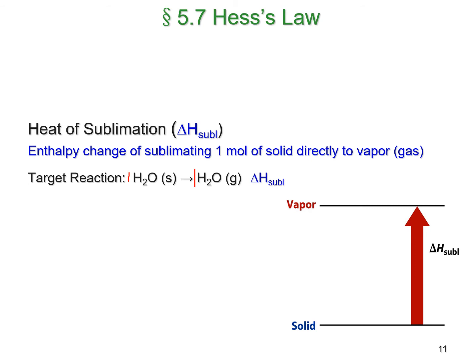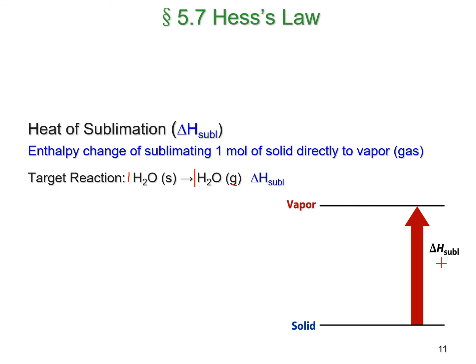Remember, the final state is the gas state, right? So energy of vapor minus energy of solid, greater value minus lesser value. Delta H of sublimation is positive. The process is, you got it, endothermic.